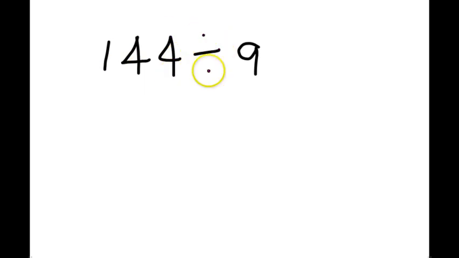Now let's try this final example so that I give you more to try on your own. If I have 144 and I want to divide it by 9, again, the trick is that I'll look at multiples of 9 in terms of tens. So I can think of 90 again, plus what to give us 144? Okay, so 90 plus 54.